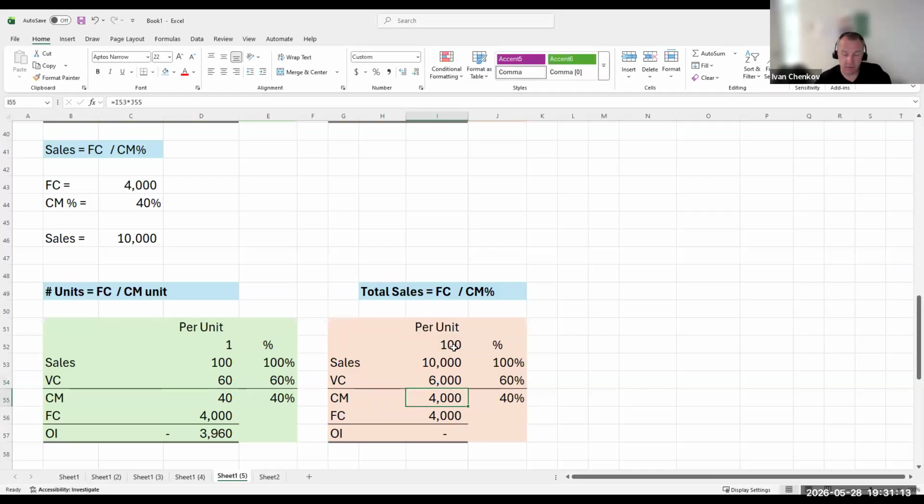Once we do that, this one will be a simple calculation between the sales minus variable cost. Then we're going to come to the break-even.